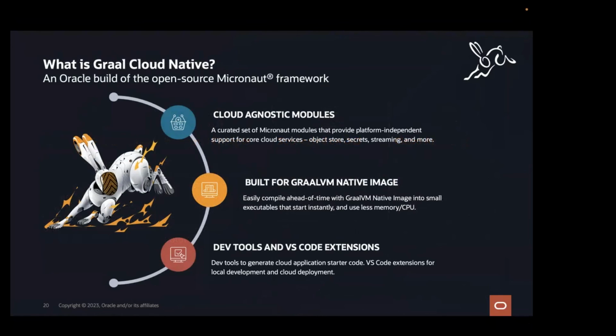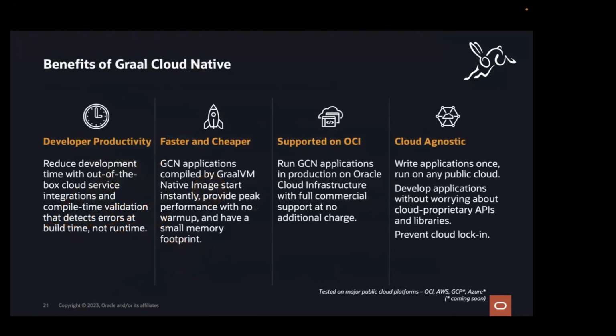We want your target application to be a native executable so that you can target small memory containers and have that instant startup. So it's built for native image, and we're building a story about adding tooling to VS Code that makes it easy to use GraalVM Cloud Native, easy to use OCI without having really to leave your VS Code editor.